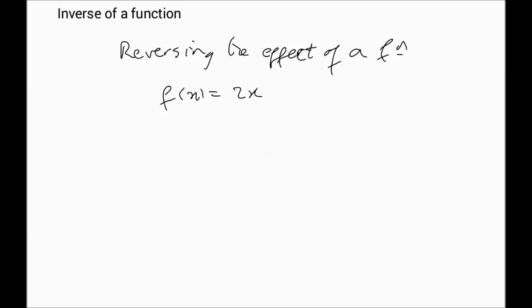For instance, f of 2 is 4, but then what was the original value that I put in? I take half of 4, and that gives me 2. That gives me the value back. So the concept of the inverse is basically trying to reverse the effect that the function had.